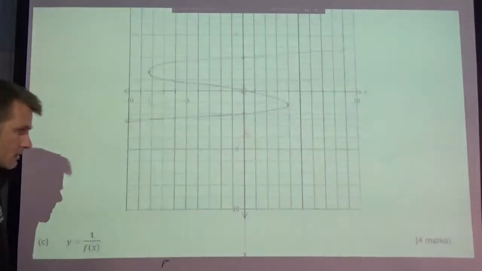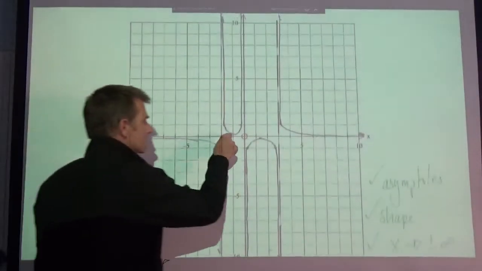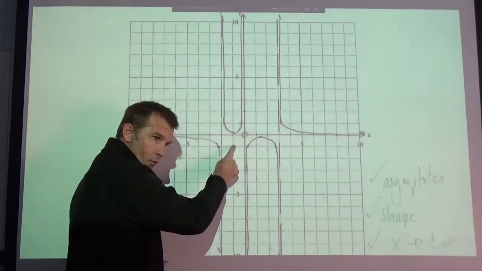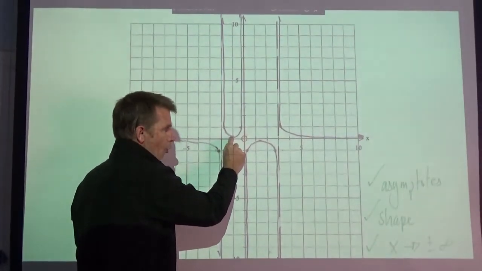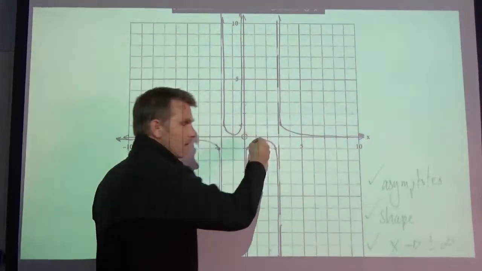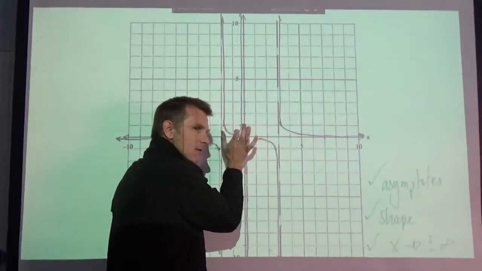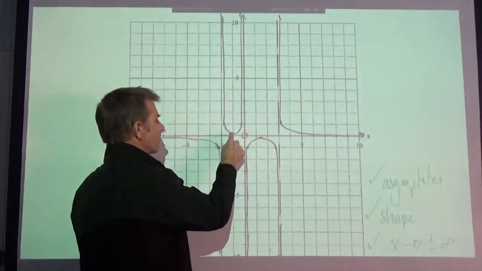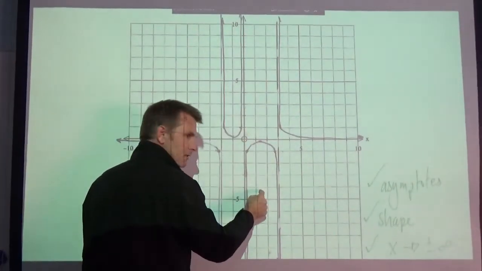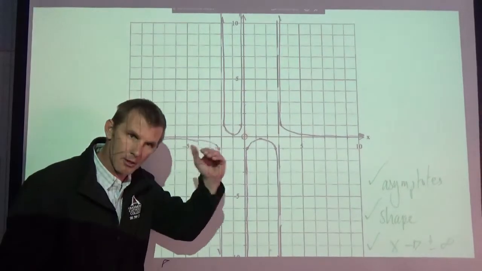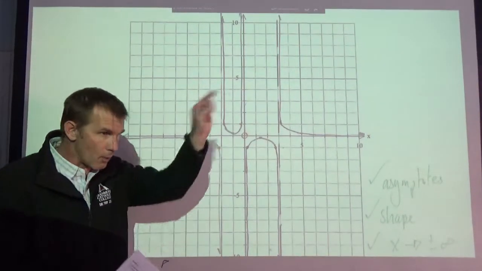Back to our answer. That means that this point right here has to be 1 over 4, so that's got to sit at about a quarter, and this one has to be 1 over 8 right there. Now, if you don't get them exactly, that's okay. But a few people had their turning points up here or down here, so clearly you hadn't picked that up. So wherever the turning point is, calculate 1 over that.